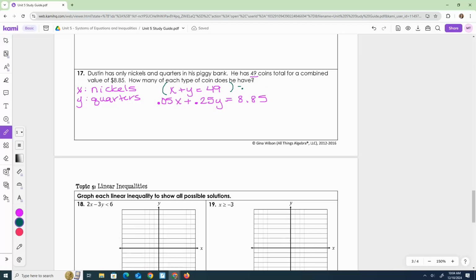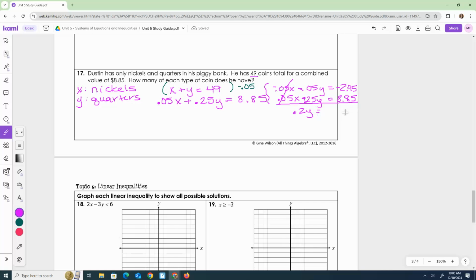Negative 0.05. The x's cancel. A negative 0.05 and a positive 0.25 is a positive 0.2.